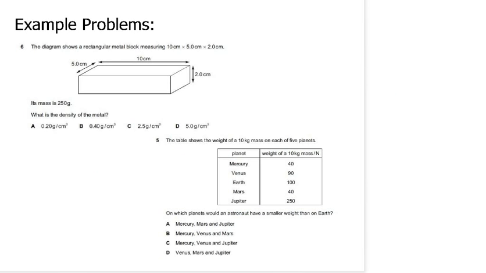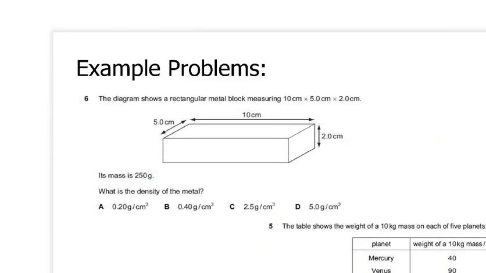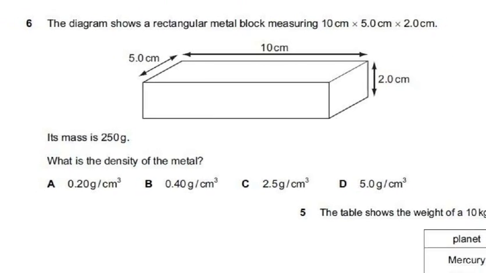All right, and then just a couple of sample problems really quick. We have here an example problem of finding the density of a piece of metal. As you can see, the piece of metal is a regular shape, so we would use method number 2 from the previous slide, and that would give us 5 times 10 times 2.